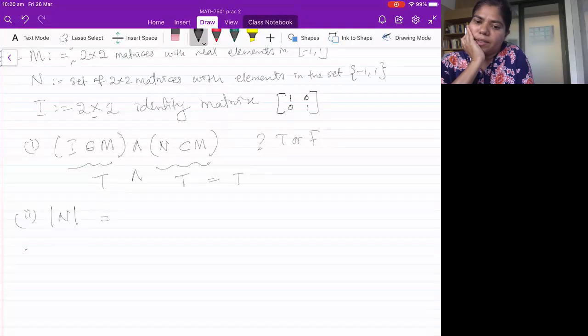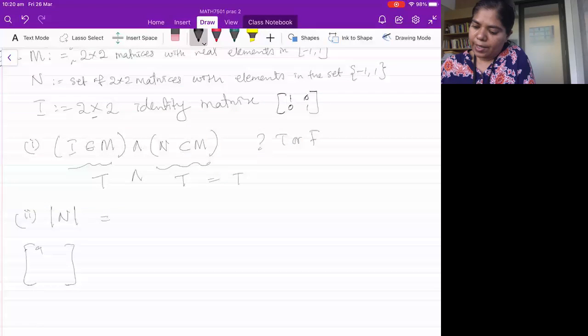Some say 2 to the 6, some say 16. So each matrix has 4 entries, and each entry has two options. So 2 options for each. So that would be 2 to the power 4, which is 16.